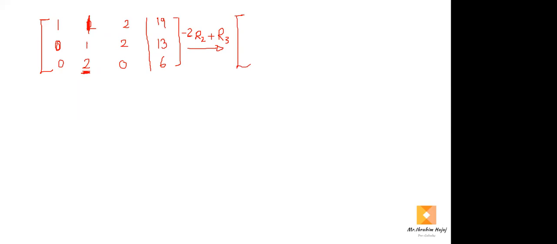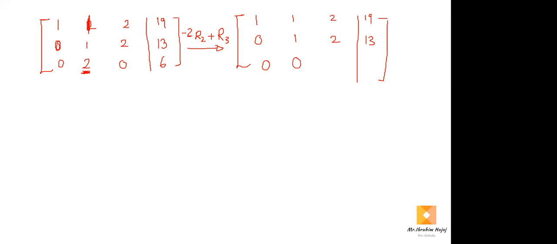Adding to row 3. Row 1 stays the same: 1, 1, 2, 19. And R2 also stays the same: 0, 1, 2, 13. Row 3 changes. Here it's 0. 0 times negative 2 plus 0 is 0. Negative 2 times 1 is negative 2, plus 2 gives 0.